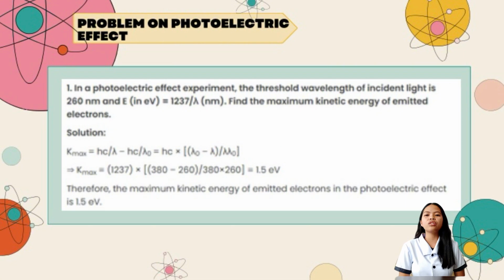And it is also divided by 380 nanometers multiplied by 260 nanometers, which results in 1.5 electron volts. So therefore, the maximum kinetic energy of emitted electrons in the photoelectric effect is 1.5 electron volts.